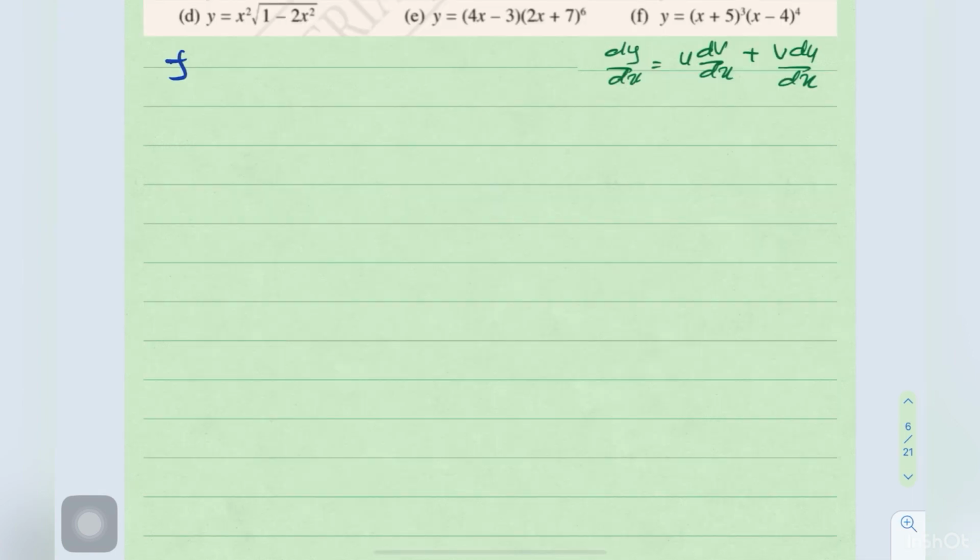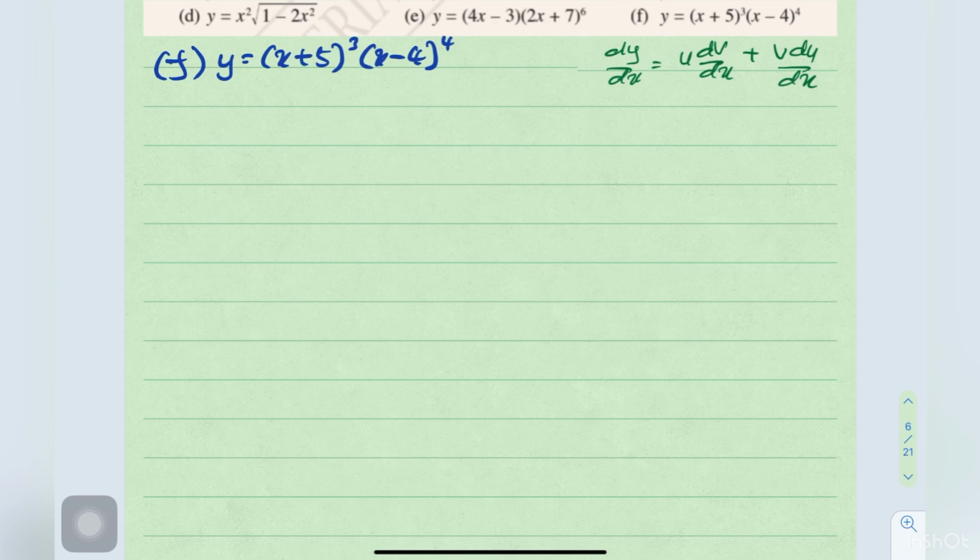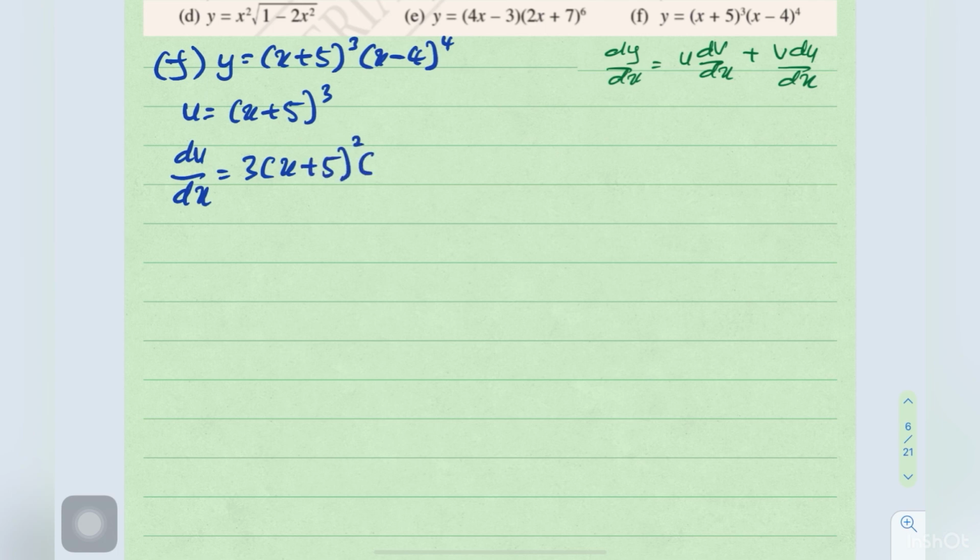Question F. Okay, y equals (x plus 5) cubed times (x minus 4) to the power of 4. So u is (x plus 5) cubed. Both are composite functions. So du/dx is 3(x plus 5) squared times 1, so simplify, 3(x plus 5) squared.